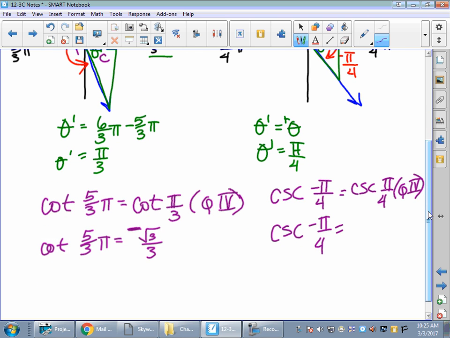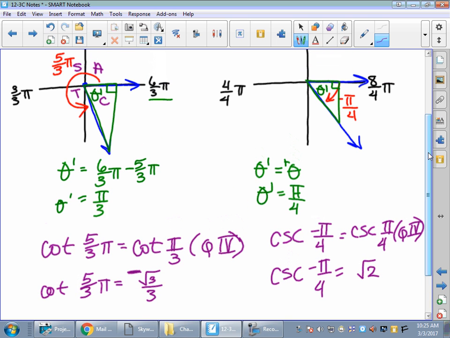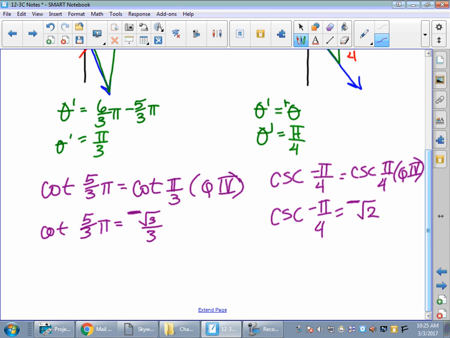If you look at your table of values, we should get the square root of 2 here. And it's in the fourth quadrant, so I'm going to look at my All Students Take Calculus. The C in this particular case stands for cosine, and cosine is not what we're finding. So we're going to make this negative. And there you have it.